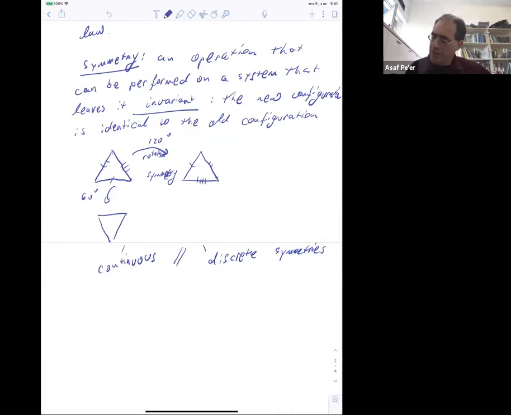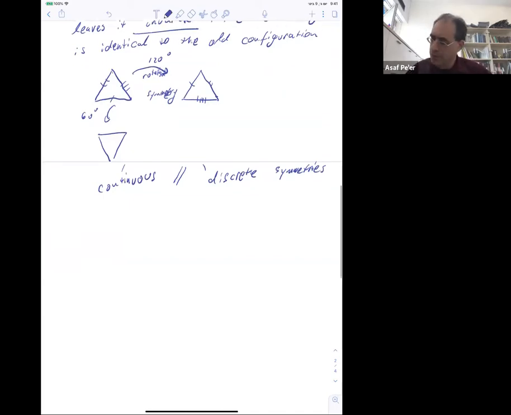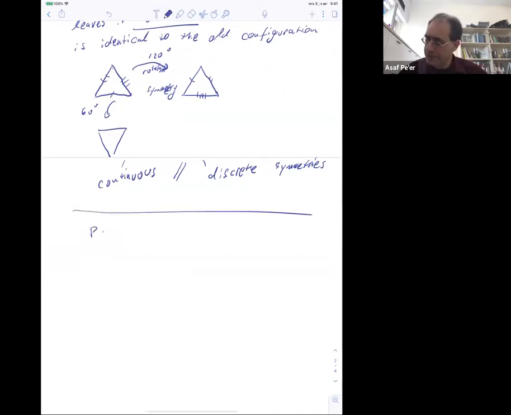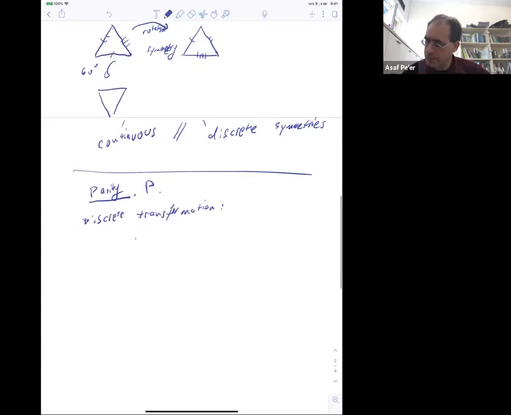Okay, so today I want to speak about two such discrete symmetries. One is called the parity, and one is called charge conjugation. So let's speak about parity first. It's called P. That's an operation. This is a discrete transformation that acts on the coordinates to inverse the spatial coordinates.